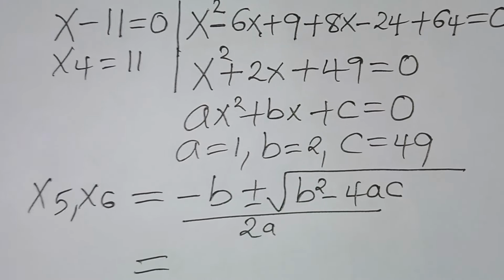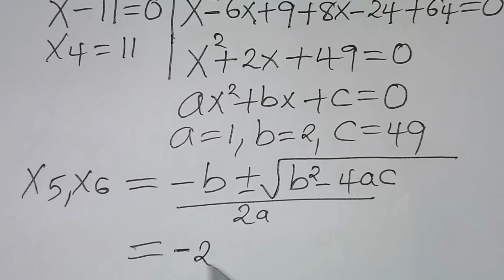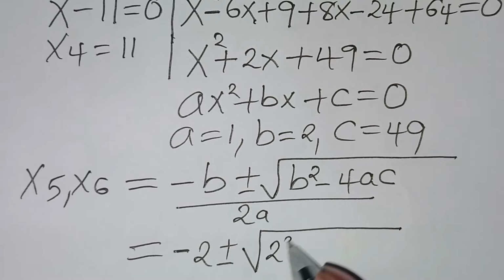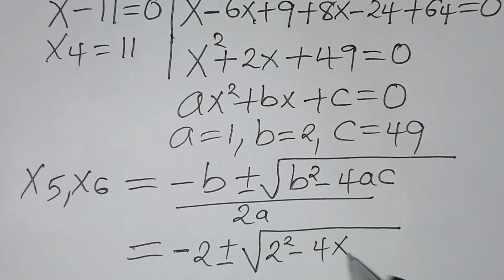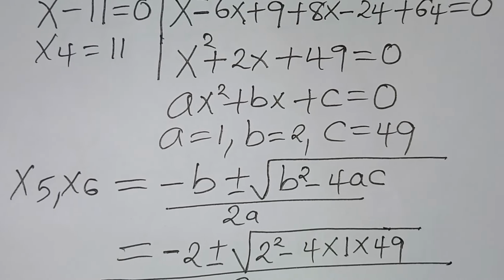So here we have negative 2 plus or minus the square root of, now b here is 2 squared, subtract 4 times 1 times c, which is equal to 49. All this divided by 2 times 1.